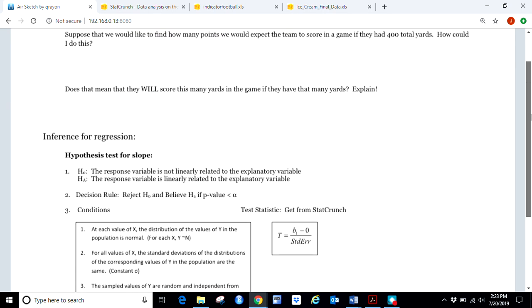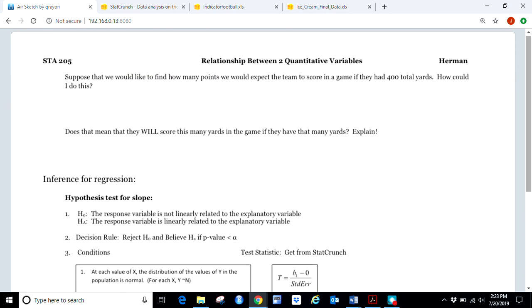All right, a couple more questions attached to it. Suppose that we would like to find out how many points we would expect the team to score in a game if they had 400 total yards. How could I do this? Well, this 400 total yards, that's a value for x. And I already have the equation that we wrote down on the previous page.